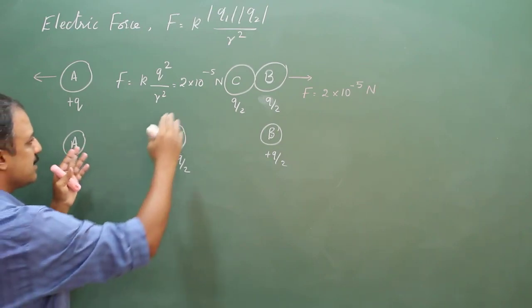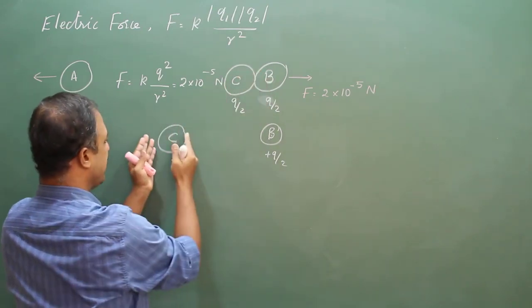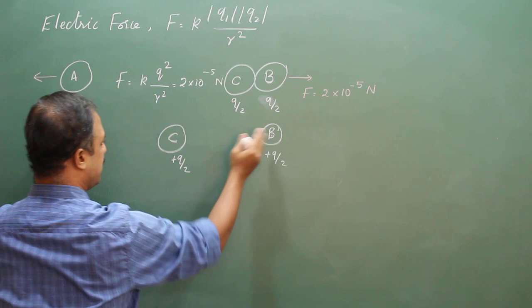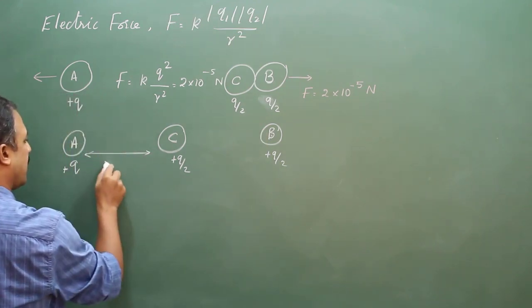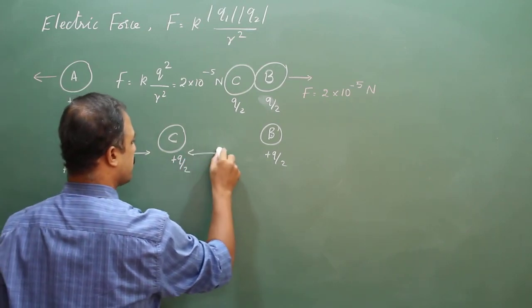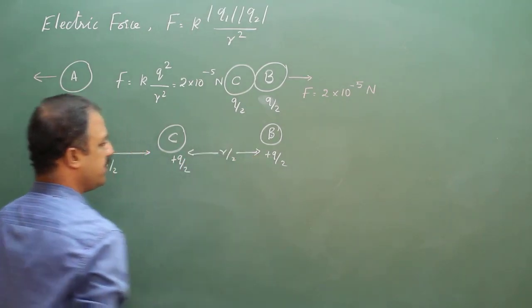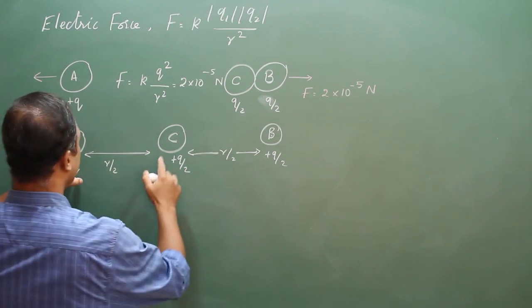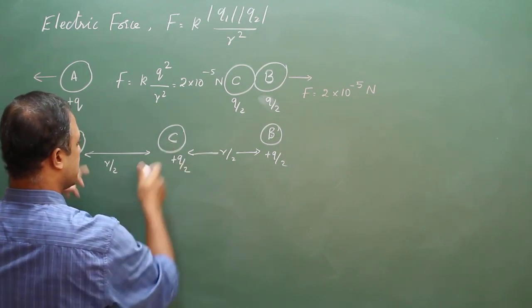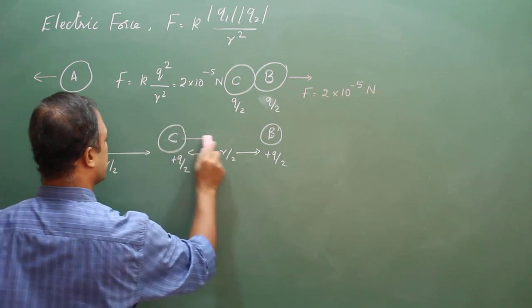Now once I bring C in contact with B and place C in between these two charges, the distances will become R by 2 and R by 2, because I placed it at the midpoint of A and B. A will exert a repulsive force on C, which acts like this.